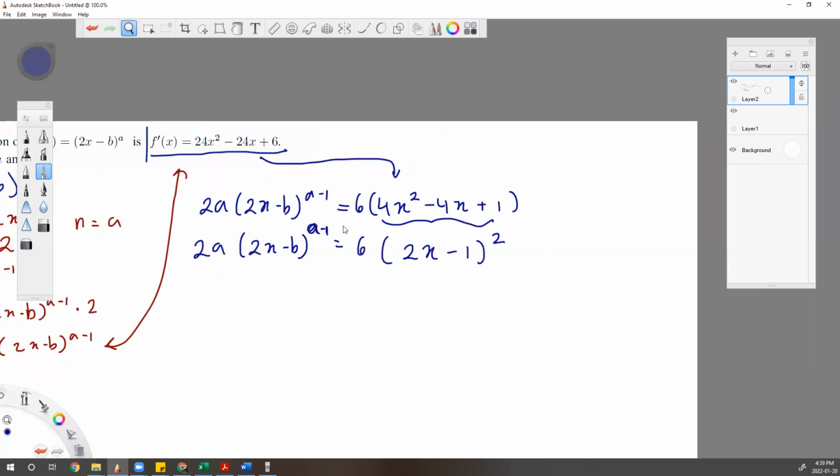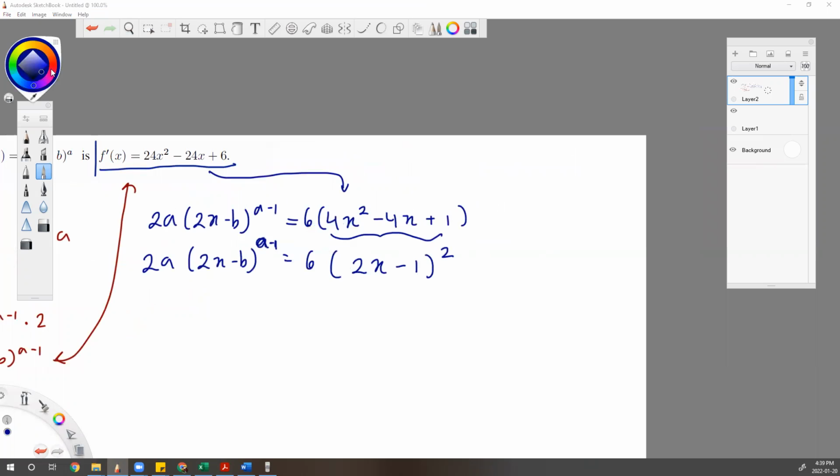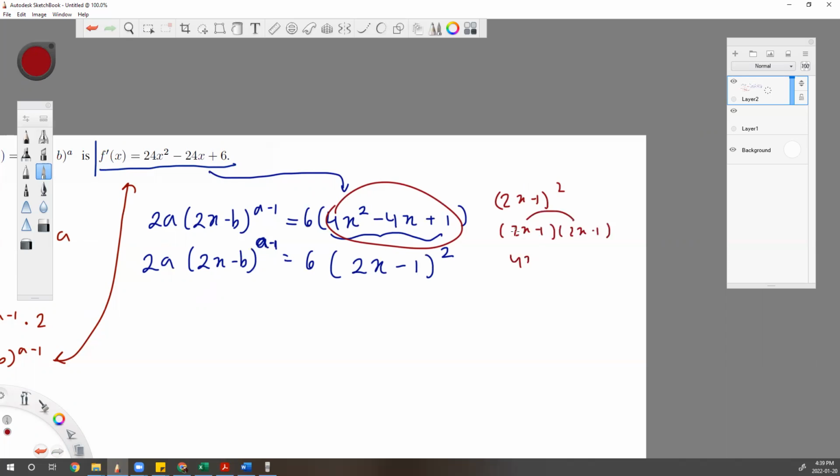Okay, let's see, if I want to factorize this, let's try 2x minus 1. If I square this up, I will get the same answer for x squared. This is the trick. Minus 2x plus 1, right? See, 4x squared minus 4x plus 1, totally the same.